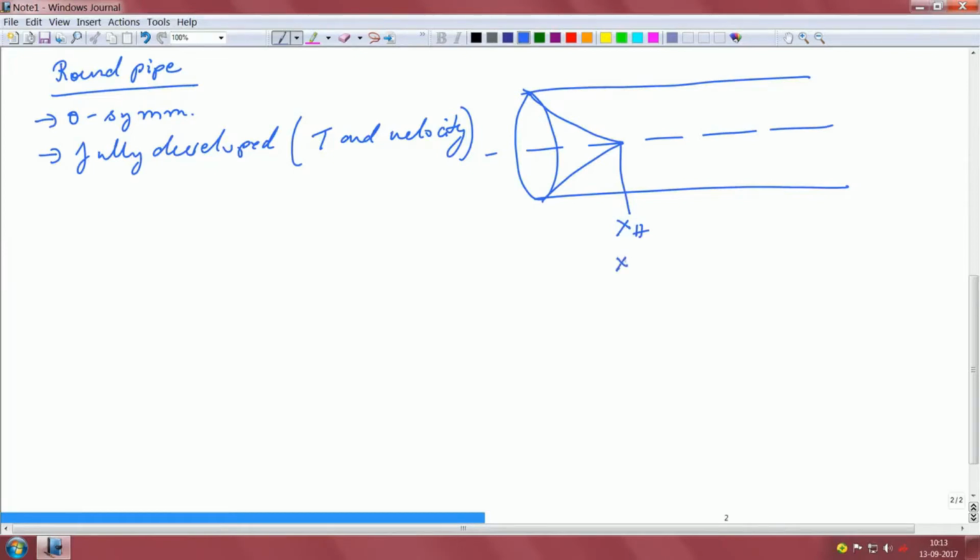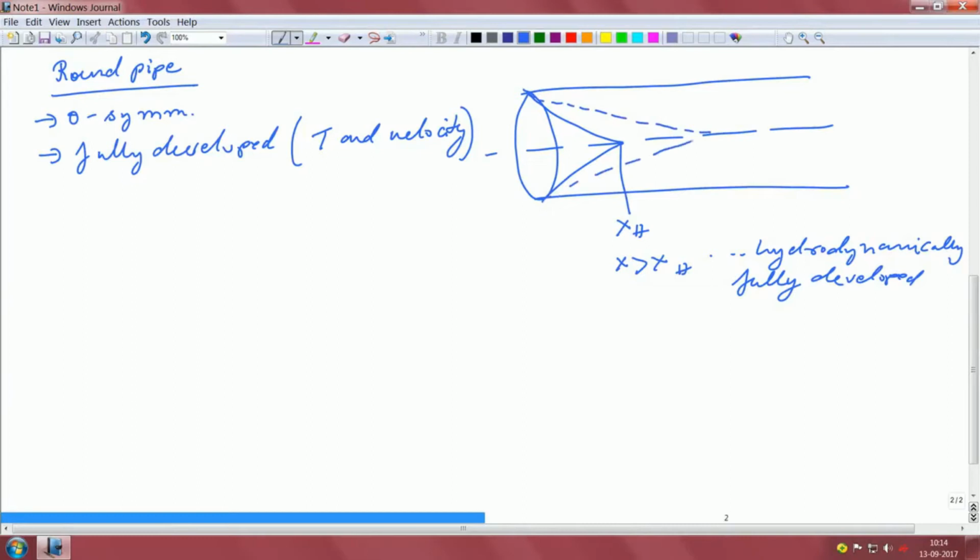So, from here onwards X greater than XH is what we call hydrodynamically fully developed, right, whereas the temperature profile may be something like this, or it can also be something like that, depending on whatever your Prandtl number is. This, say, call it xt. So, if x is greater than xt, we call it thermally fully developed.